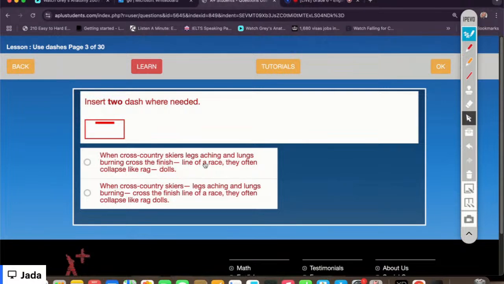When cross country skiers, legs aching and lungs burning, cross the finish line of a race, they often collapse like rag dolls. First or second? So where should we insert the dash? First or the second one?